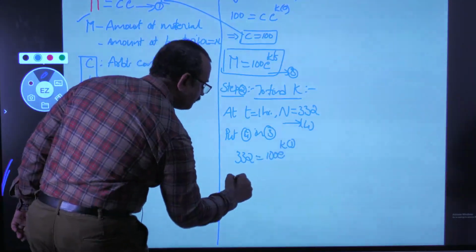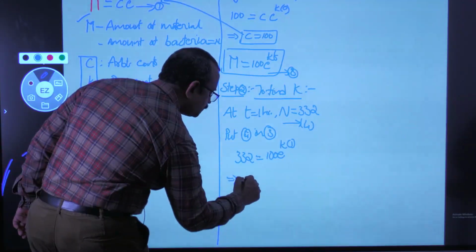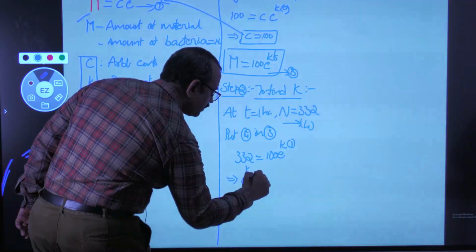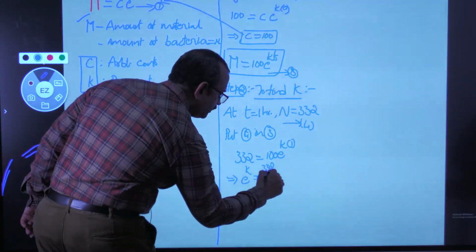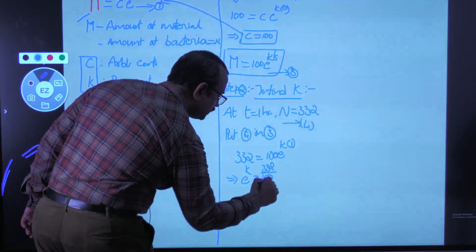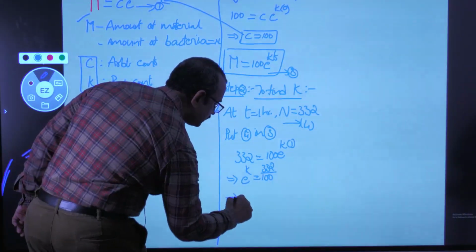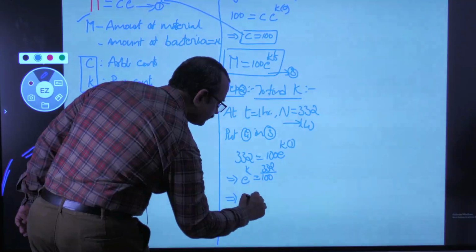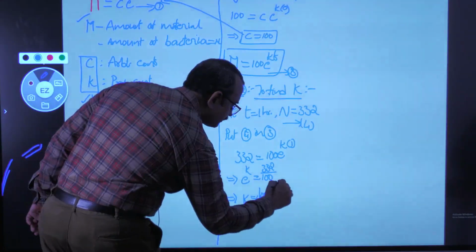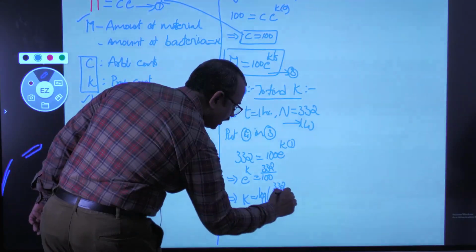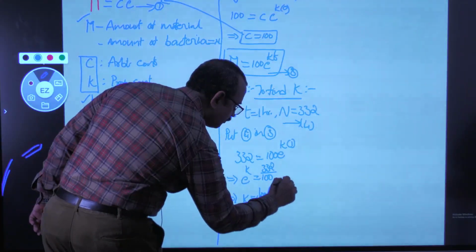From this we can conclude that e power k is equal to 332 by 100, or otherwise k is equal to log of 332 by 100. This is the k value that we get.